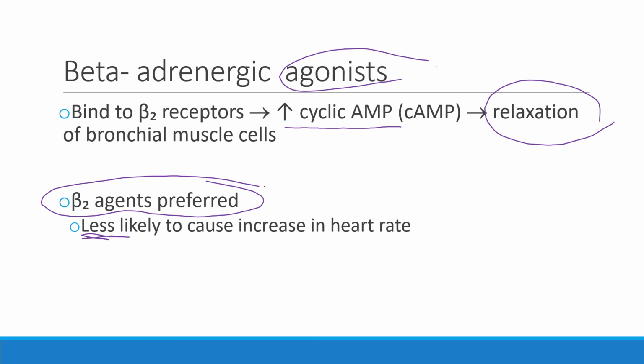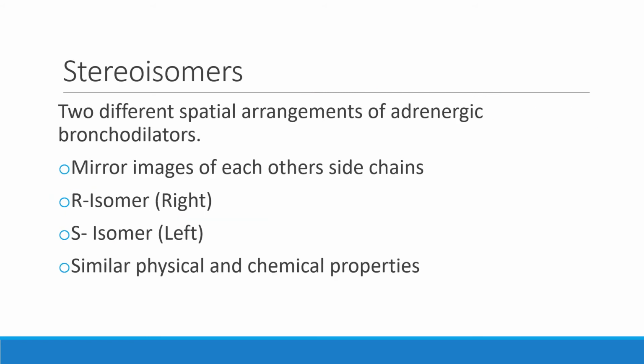But if we nebulize racemic epinephrine to the lower airways, it's not beta-2 selective, and it can cause an increase in heart rate. So yes, in a pinch, could you nebulize racemic epinephrine to have some effect? Yeah, you could, but it's probably going to have more side effects than a beta-2 specific medication, right? That's why that chain tells you exactly what it's going to work on.